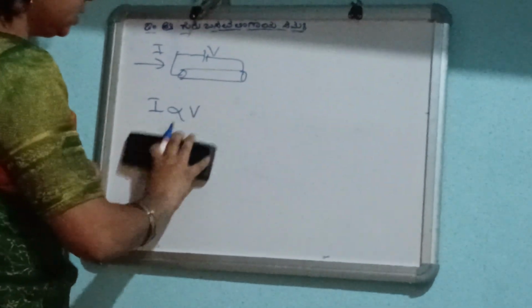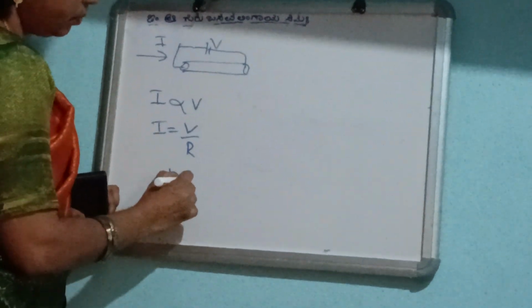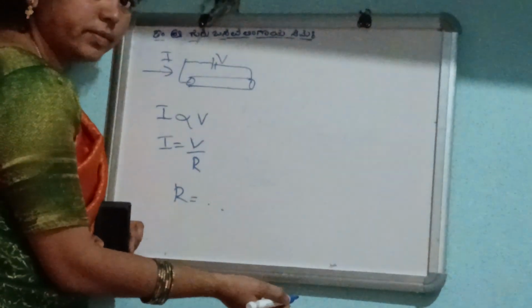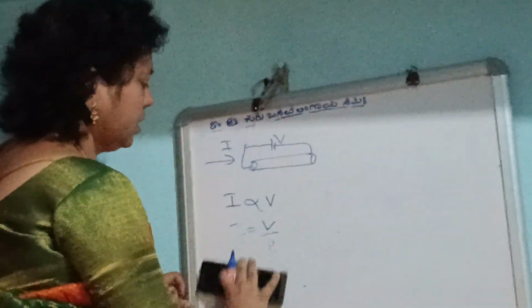So I is directly proportional to V. I is equal to V by R. R is the proportionality constant, or resistance of the material. V is the voltage in volts. I is the current flowing through the conductor.